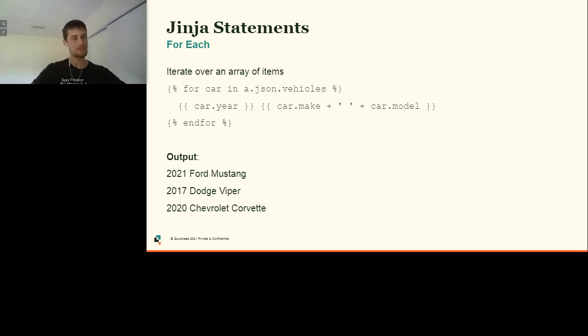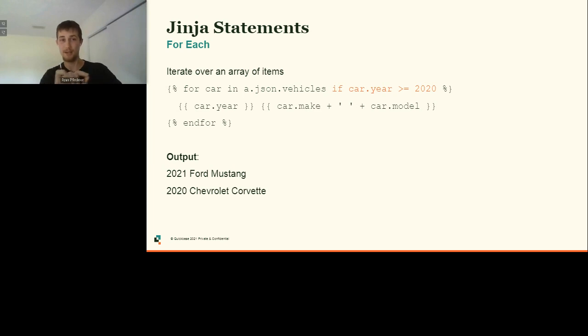To take it a step further, within a for loop we can actually tag in an if statement. It's the exact same expression, just with the addition at the beginning of the first line of if car.year is greater than or equal to 2020.